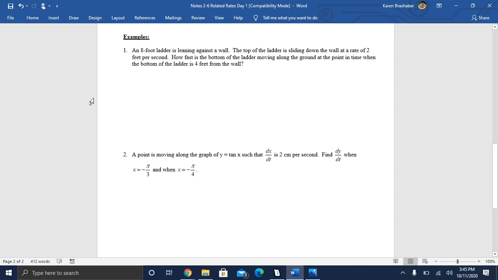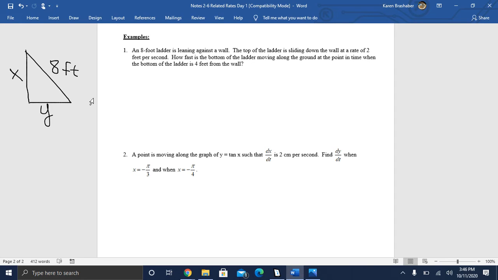So I'm going to go ahead and just quickly draw a sketch of the ladder here. We have 8 feet for the length of the ladder. I'm going to call this side X and this side Y. And I'm going to introduce to you how our variables will be given.